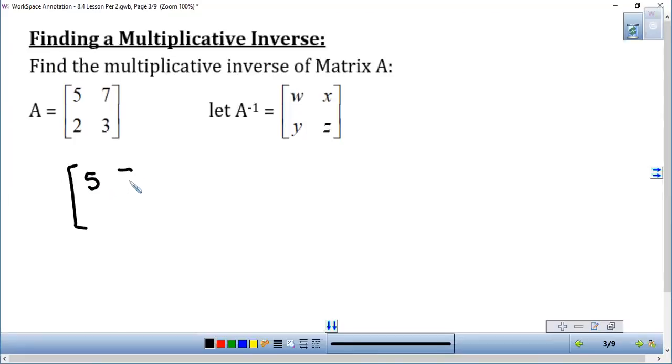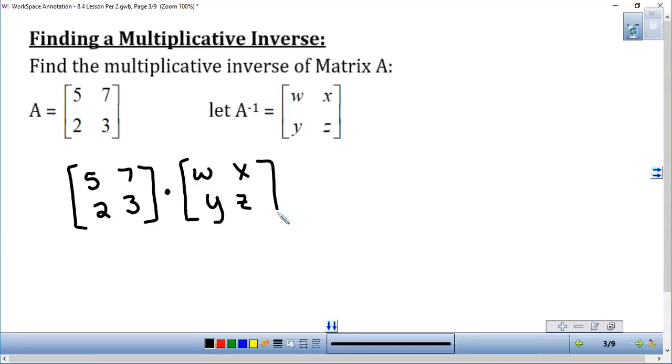So if we do matrix A multiplied by A inverse, which we're calling W, X, Y, Z, we're going to show that that's equal to 1, 0, 0, 1, which is the identity matrix.